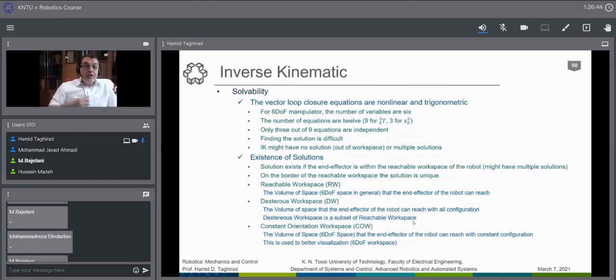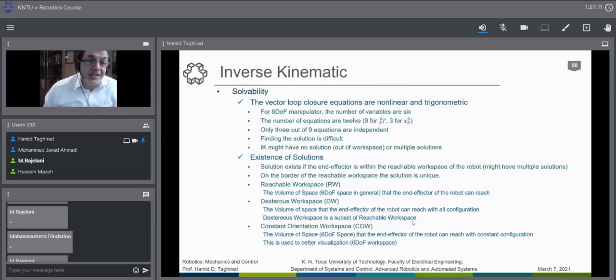But when we are within the workspace, I can get this, look at this again, this way or this way. Look at my point, I can reach this point this way or this way. I have two solutions here. It could be two possible solutions, even more.